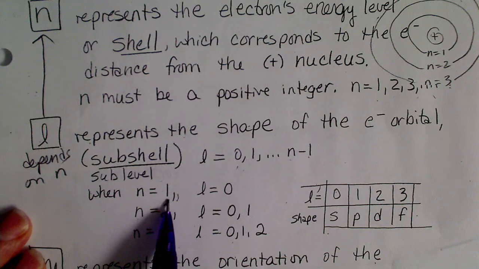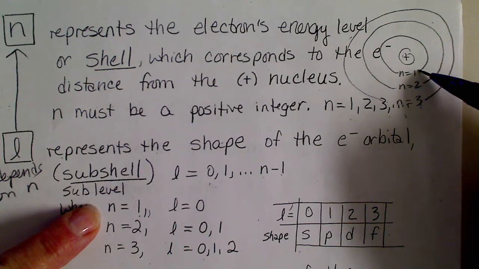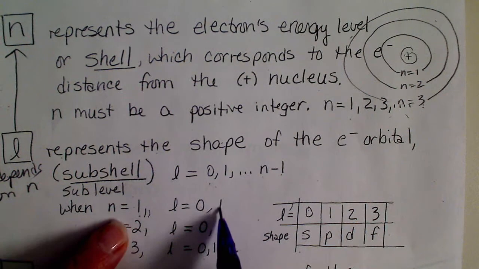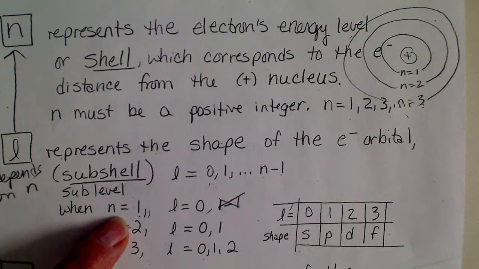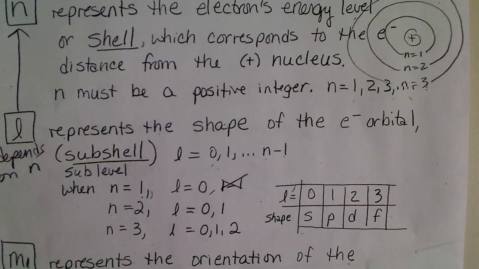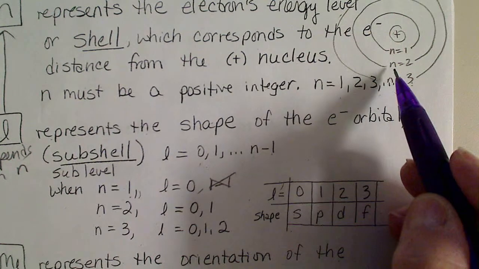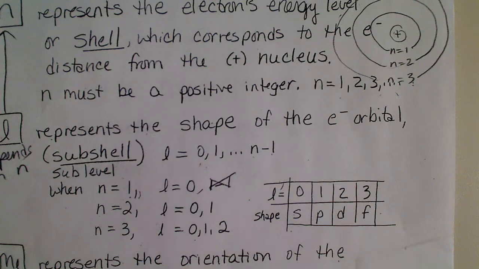When N equals 1, that means the electron is at the first energy level. The L value would be 0 and go up through 1 minus 1, but 1 minus 1 is 0. So when N equals 1, there's only one possible value for L, and that would be 0. When N equals 2, that's the second shell around the nucleus, also the second row on the periodic table.